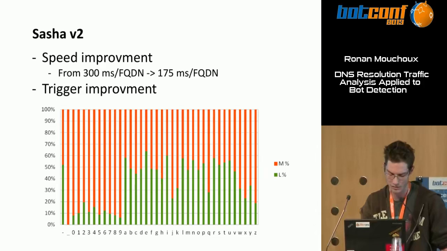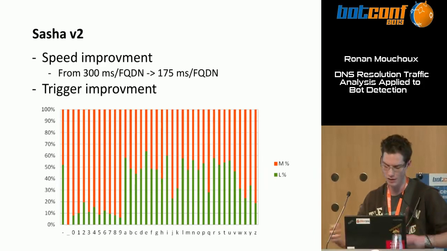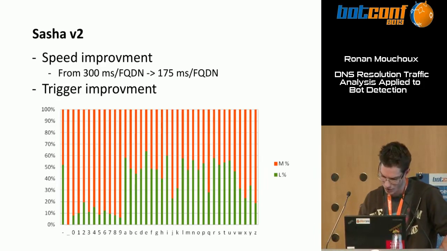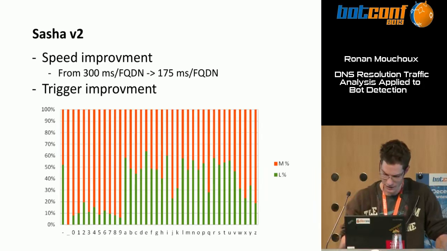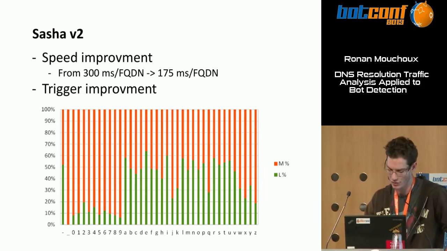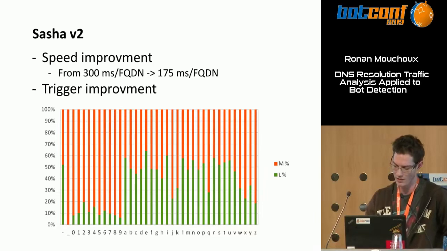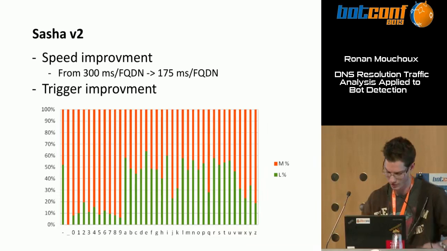We can see, for example, that numbers are way more used in malicious domains than in legit ones. It can also show some letters like Z, X, J, K, which are more used in malicious domains. And with this information, we can build our letter collection.